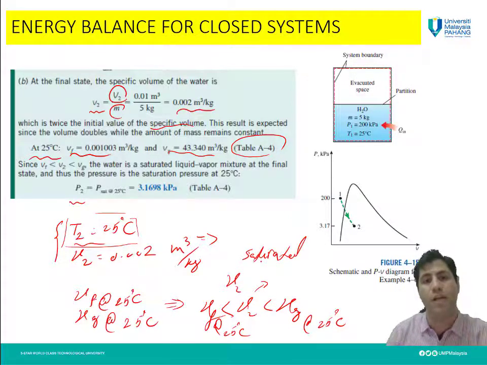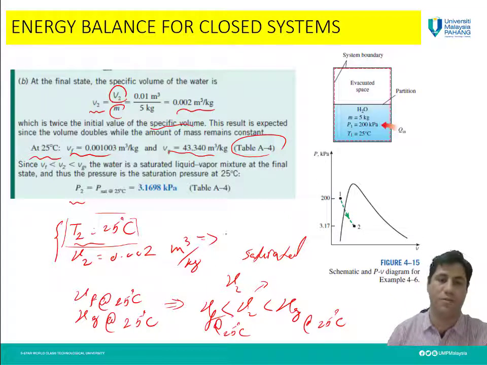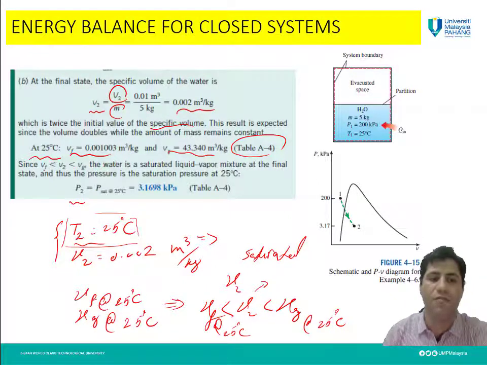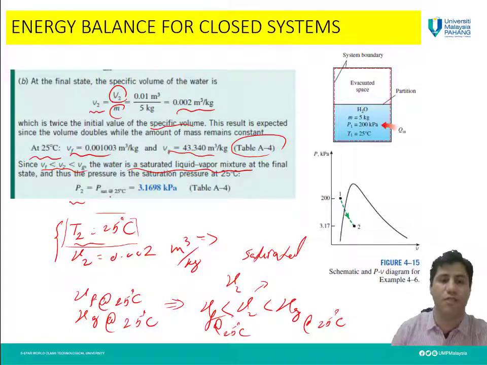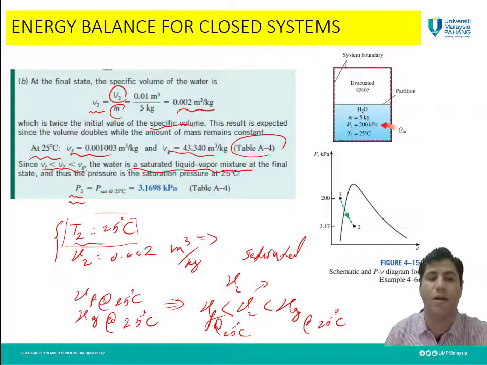And if you remember, for this phase the pressure should be the saturation pressure. So P2 is the saturation pressure of water at 25 degrees Celsius, which we can also find from the table.